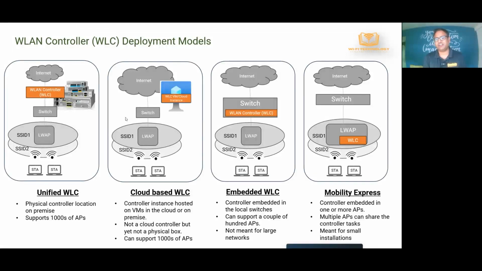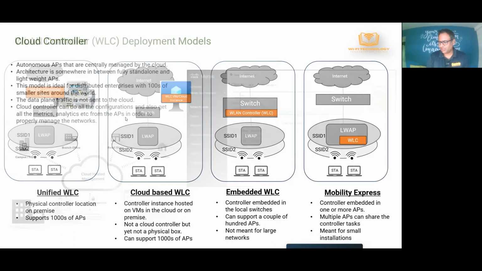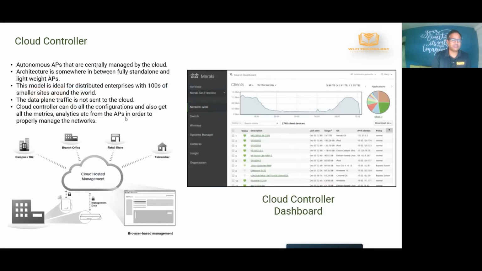And there could be another access point that is running a different module of the wireless LAN controller. So the wireless LAN controller is now actually running in pieces on various access points in the network, right? That is another interesting model for wireless LAN controllers. Okay, so that is basically a physical controller using lightweight access points.